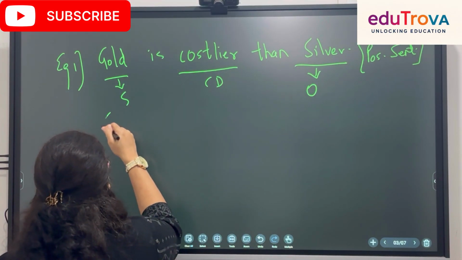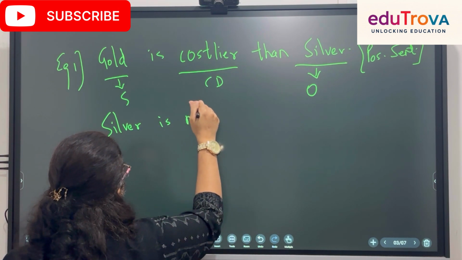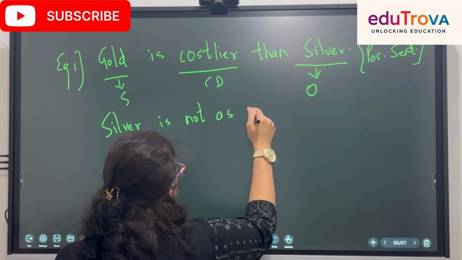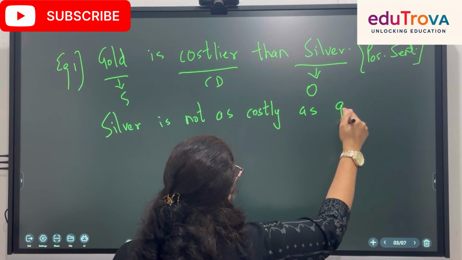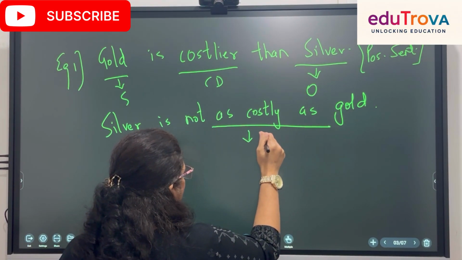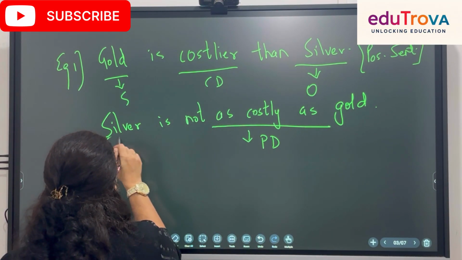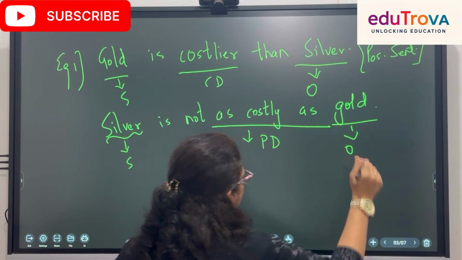So: Silver is not as costly as gold. What have I done? This is in positive degree. This is my subject. This is my object.